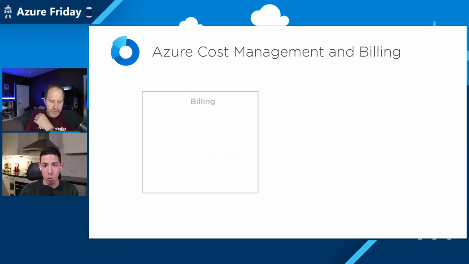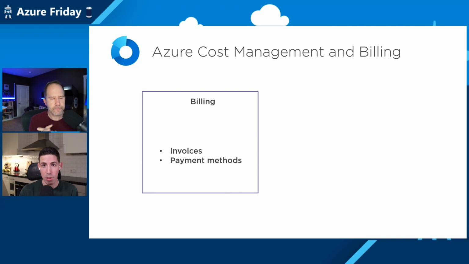Now, the second thing we were talking about was this Azure Cost Management and Billing. And this is really two things. It's billing. So you can manage and see your invoices. You can manage your payment methods, like your credit card, for instance, your billing address and your tax ID so that you have your whole administration complete. That's all fine.